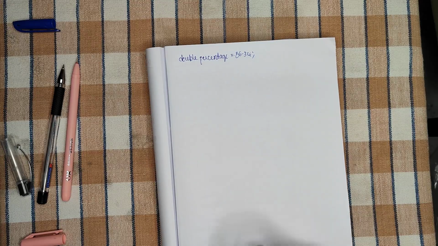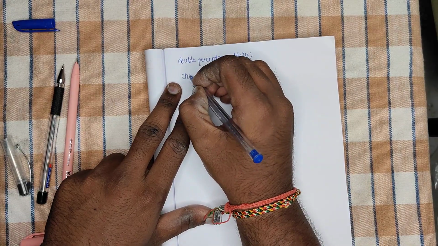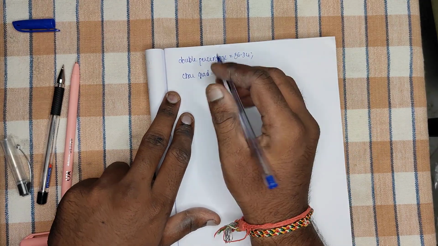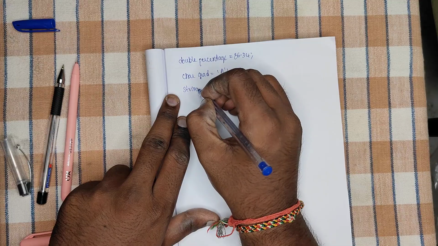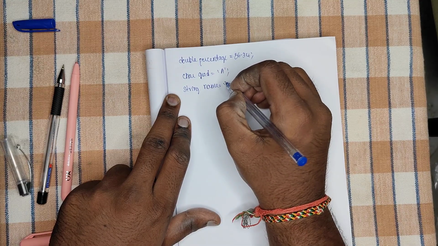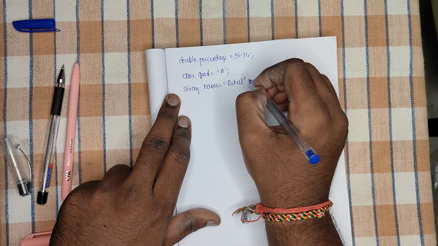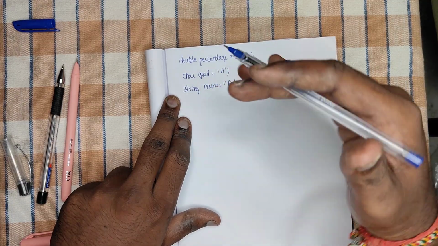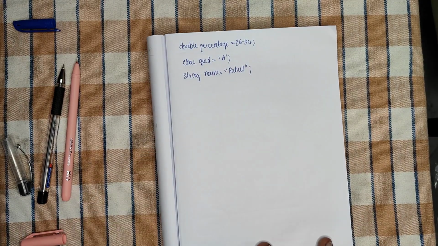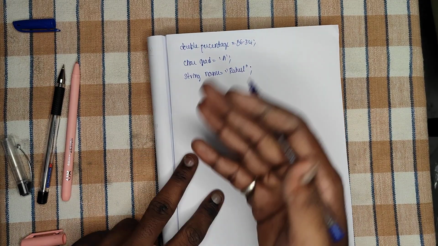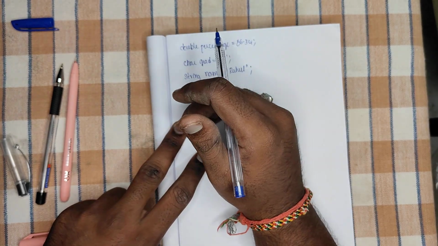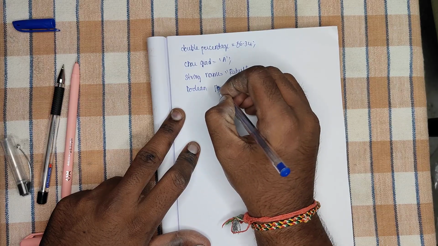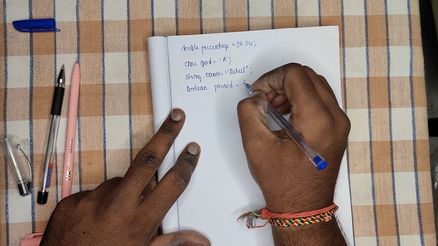For student grade, char grade A. Student name, String name is equals to Rahul. I'm not mentioning student name, student grade, student percentage; you have to think like that, as there is a definition above each and every line. The result status: boolean passed is equals to true.